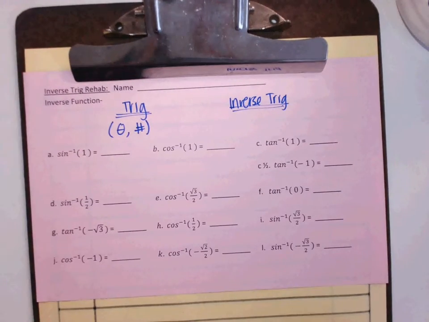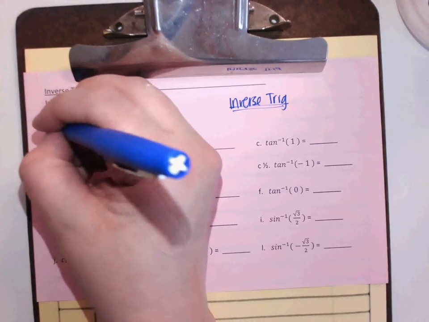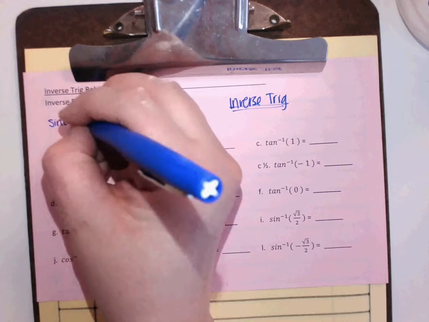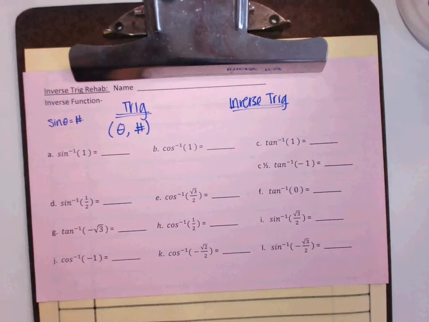So what that means is that I'm going to tell you theta, and then you're going to tell me the number. So ready for fun? What is the sine of pi thirds? Root 3 over 2. What is the cosine of pi fourths? Root 2 over 2. Okay, so I tell you the angle, you tell me the number, yeah?